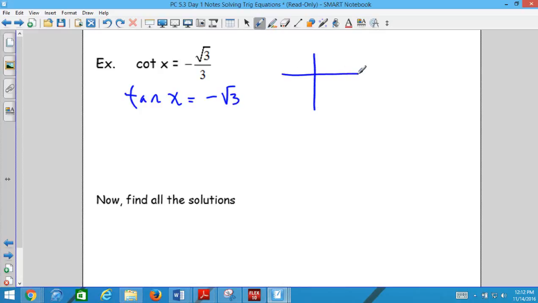It's negative in second and fourth, and it is a 60 degree reference angle. So that will give me 2 pi over 3 and 5 pi over 3.